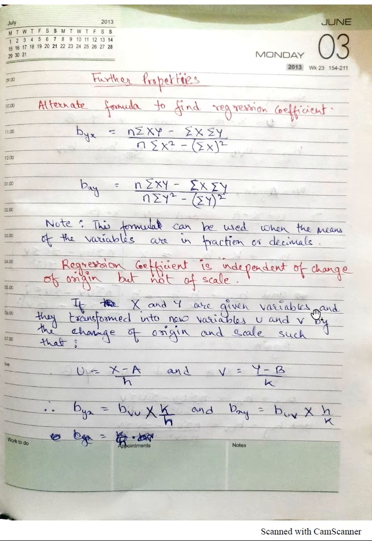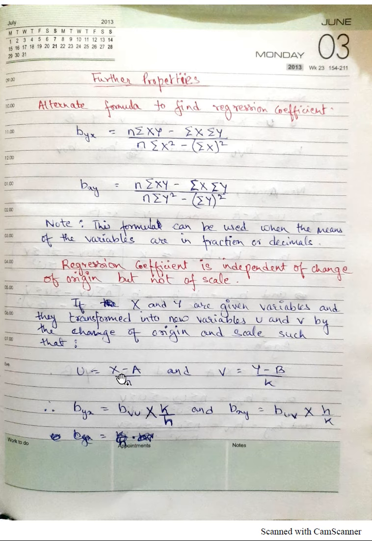So let us look into it. If x and y are given variables and they are transformed into new variables u and v by the change of origin and scale, such that u is equal to x minus a divided by h and v is equal to y minus b divided by k. So here we first have two variables x and y, and we suppose that they are transformed into new variables u and v by the change of origin and scale.